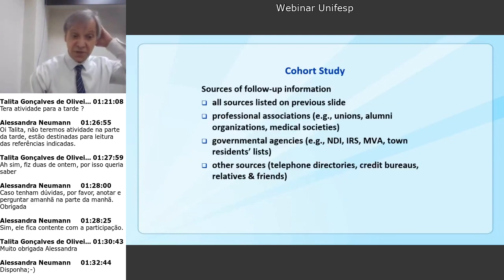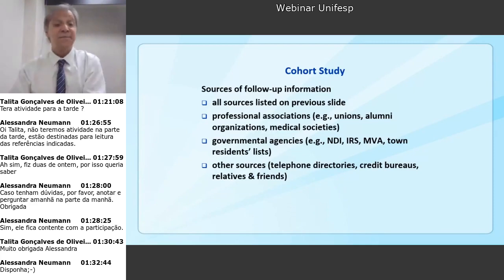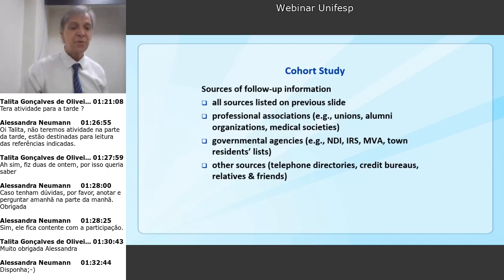Source of follow-up information: sometimes you need more than just the outcome of interest. You need information about where the person is, confounders and everything. There are many ways you can trace people and see where they are. Professional associations are a good way in America. We use them a lot.